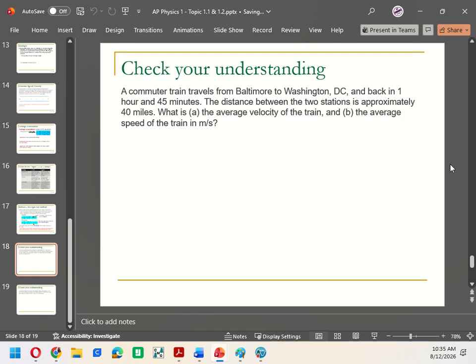Total time, 1 hour, 45 minutes. I don't like having mixed numbers. I really don't. So give me that in minutes. 105 minutes. Okay, so we're looking for the average velocity.